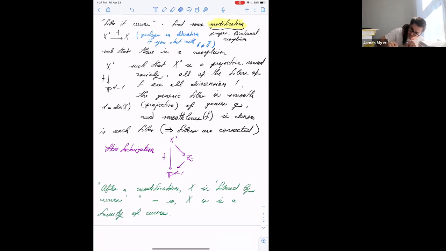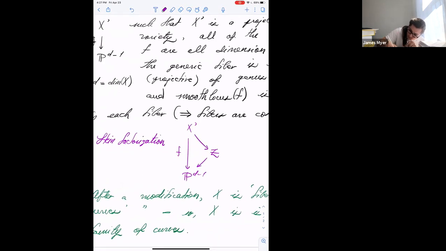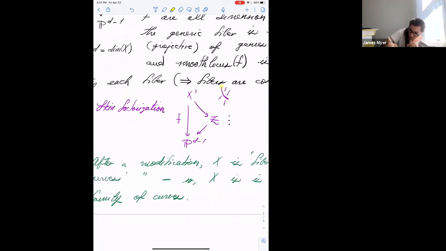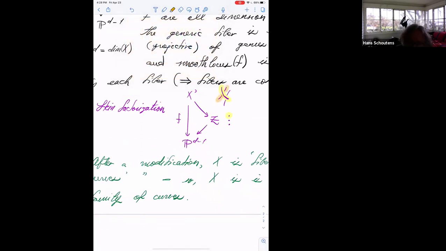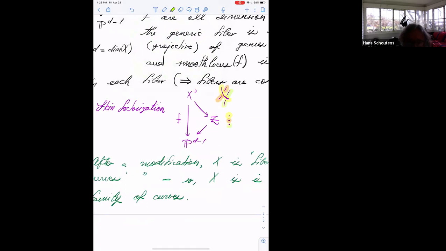Here, let me zoom in. All right, so you take some fibers, which might not be connected. There might be some connected components, and then you crush them, or you do contraction. So this one maybe goes over here. Okay, take components. But that's not a modification.